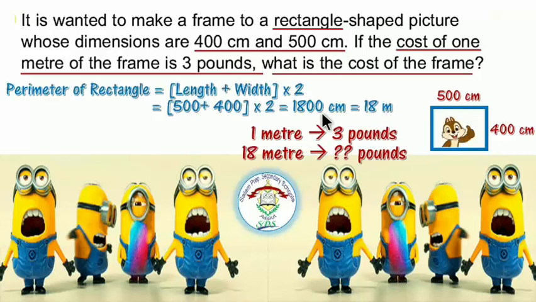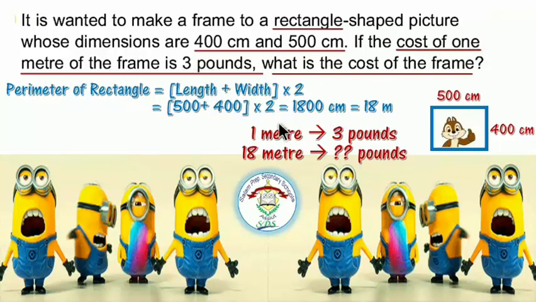First, we will find the perimeter of the rectangle, equal length plus width all times 2. Length is 500 plus width 400. 500 plus 400 equals 900, all times 2. 900 times 2 equals 1800 centimeters. But take care. The cost of 1 meter of the frame is 3 pounds.